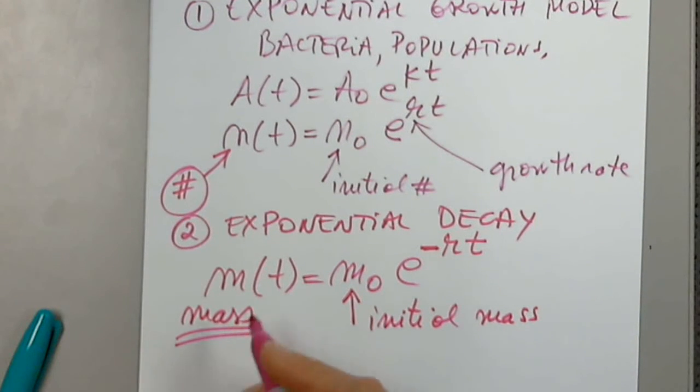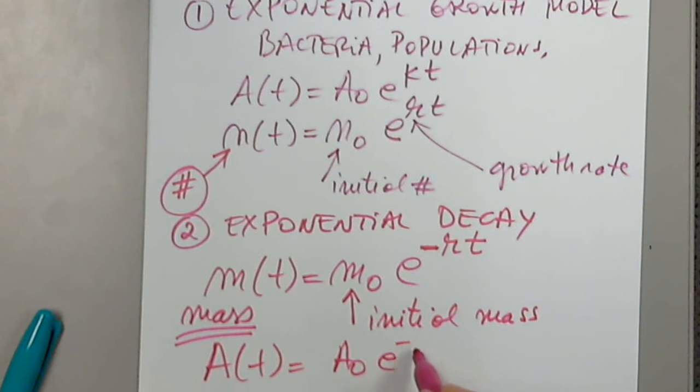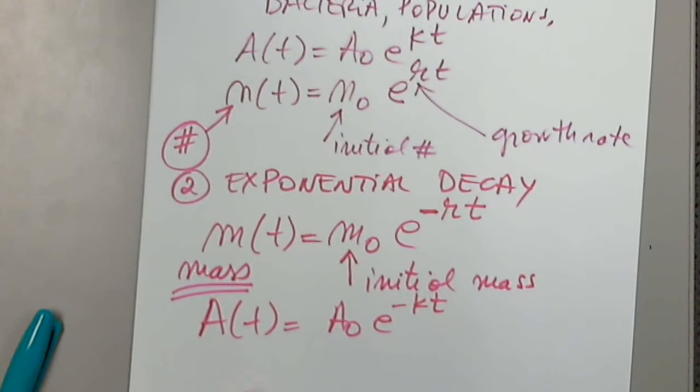And of course, your book doesn't like this. They use this. It's the same thing. All the same. t is time. You do not have to memorize the models. They will be given to you in the problem.